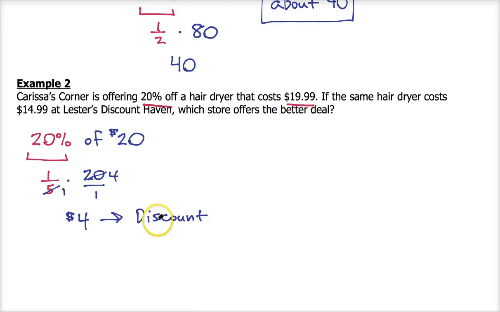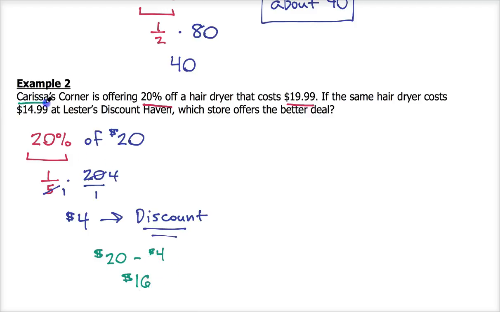Okay, that's not the price we're paying, that's the discounted price. That's the amount they're deducting from the original price. So now we need to use subtraction. And since the original price was $20, if we take a $4 discount, we're left with approximately $16.